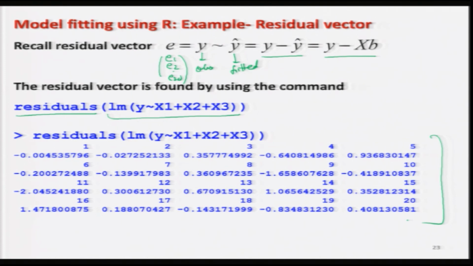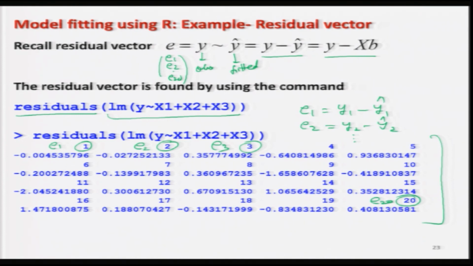The first value is the value of e1, that is the first residual, the second value is the second residual, third value is the third residual, and the last value, the 20th, is the last residual. So the first residual is y1 minus y1 hat, and e2 is y2 minus y2 hat, and so on. You can see it is not difficult to obtain these residuals.